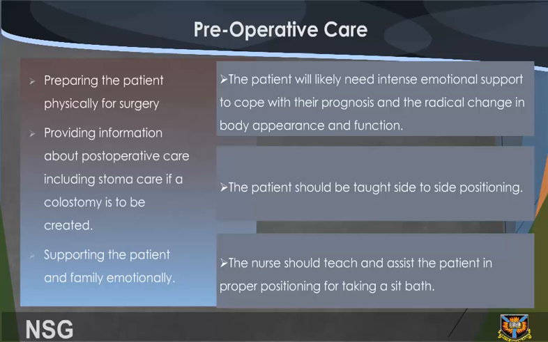The patient will likely need intense emotional support to cope with their prognosis and the radical change in body appearance and function. The patient should be taught side-to-side positioning. The nurse should teach and assist the patient in proper positioning for taking a sitz bath.